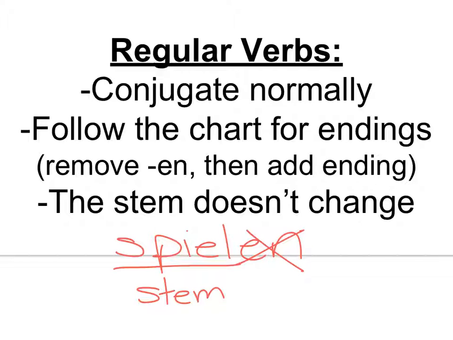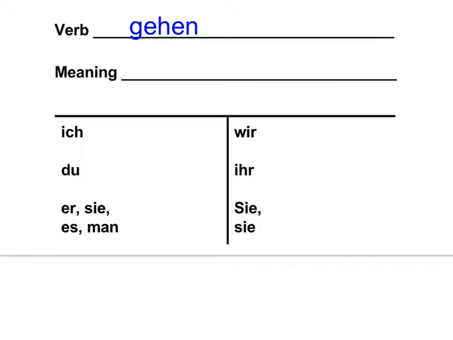Okay, so here we go. Now we're on to the verb charts. First one, gehen. What does gehen mean? To go. We're going to conjugate these and write them all in. We're going to get rid of the en and then add our new ending back on. How are you going to conjugate it for ich? Gehe.